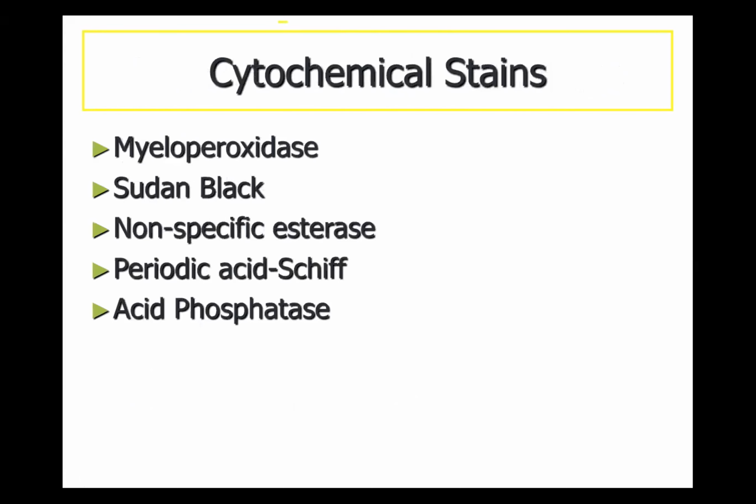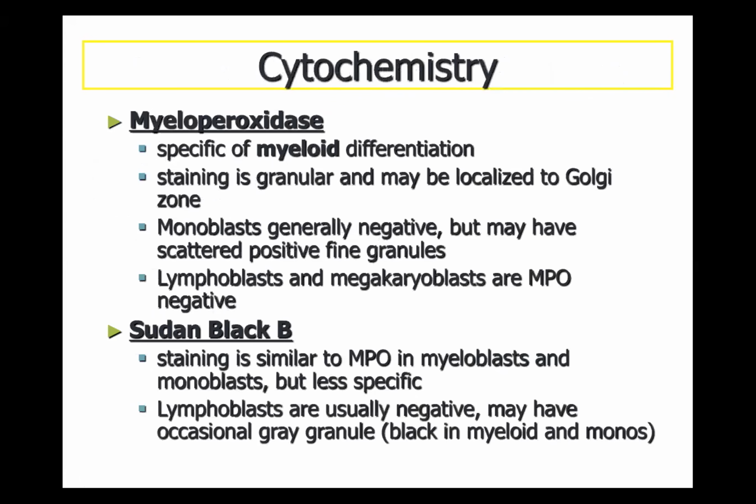Then we'll talk about cytochemical stains. These include myeloperoxidase. So myeloperoxidase or MPO you can do by cytochemistry or you can do by IHC. This is specific for myeloid cells, and monoblasts are generally negative.